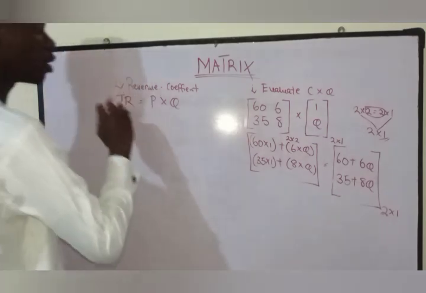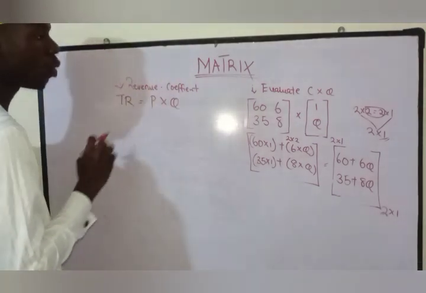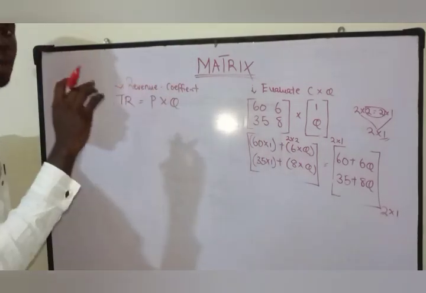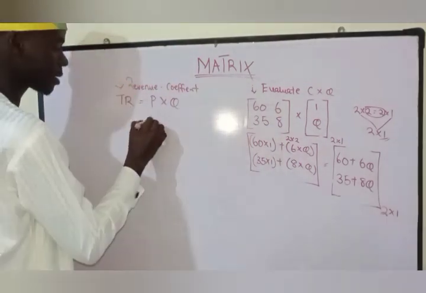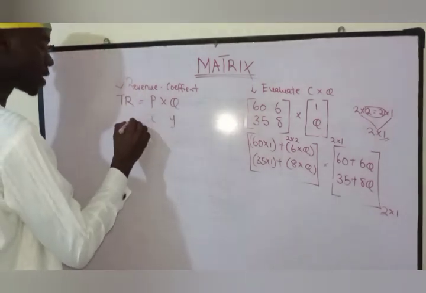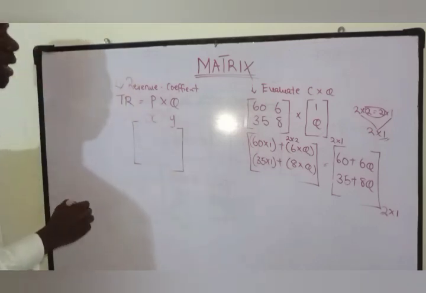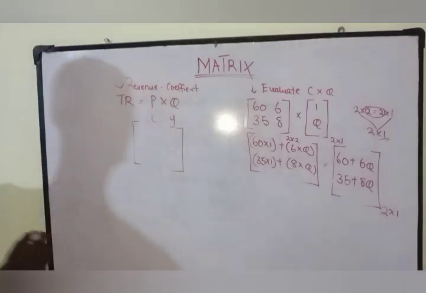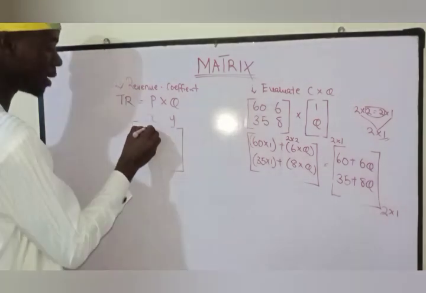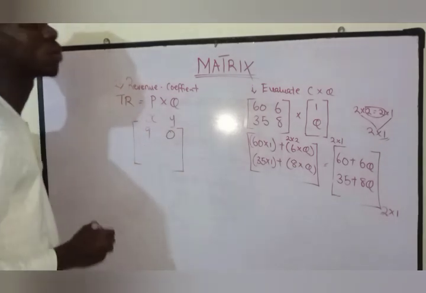Now, if you check the question, we have sales. We want to determine the sales first because the sales was given for X and Y. The sales for X is 9, which means Y will be equal to 0.